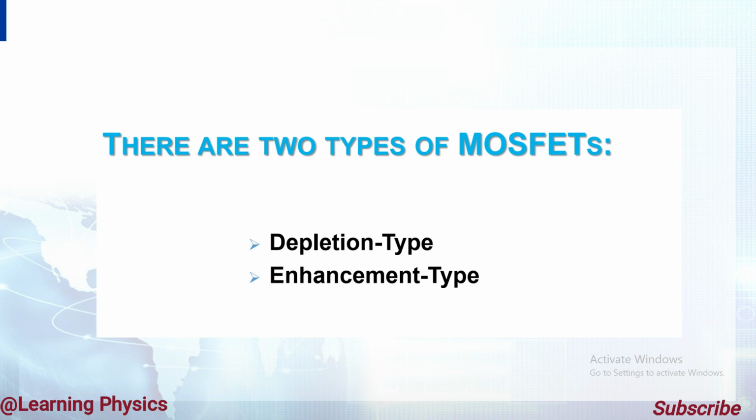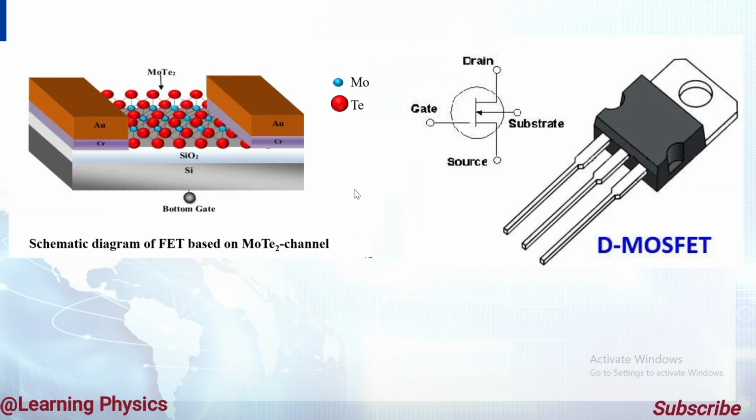And these are the two types of MOSFET we have discussed earlier, depletion type and enhancement type. Here it's a depletion type, D MOSFET. It's a three terminal device.